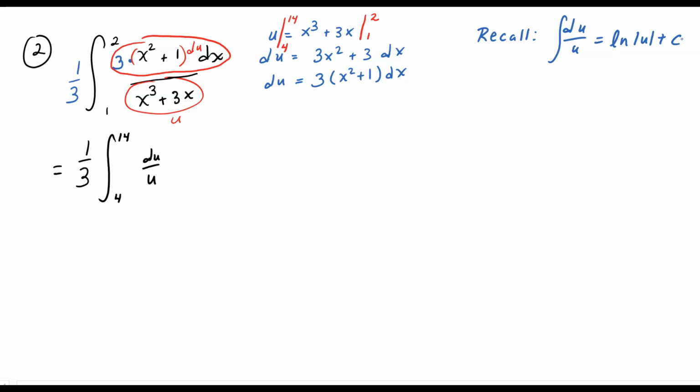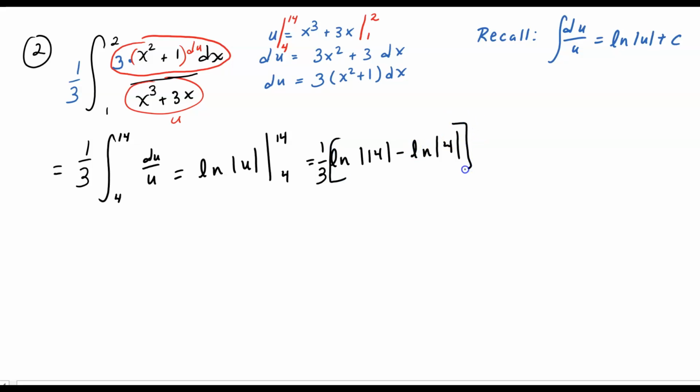So we've got the natural log of u evaluated from 4 to 14. That is going to be the natural log of 14 minus the natural log of 4. I also have to write out the 1/3 out front. I completely forgot about that. So there's the 1/3.